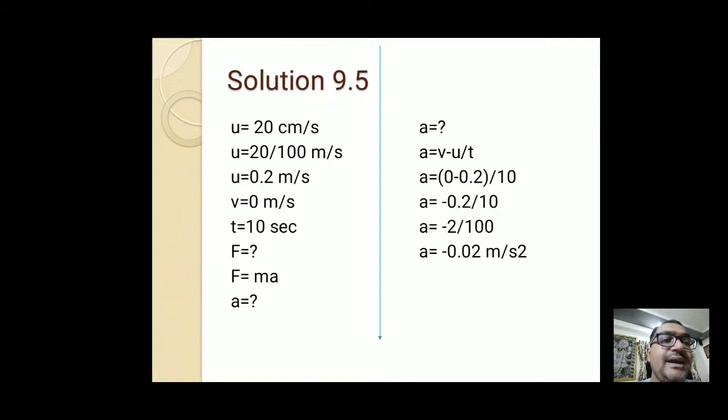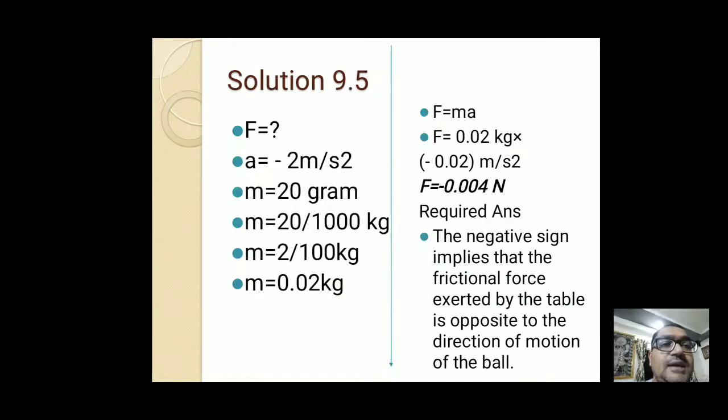This is how the acceleration answer comes. Students, here you can directly divide 0.2 by 10 and the answer will be minus 0.02. We can also calculate that way, but for your understanding I have written this particular step. So the answer for a is minus 0.02 meter per second square.